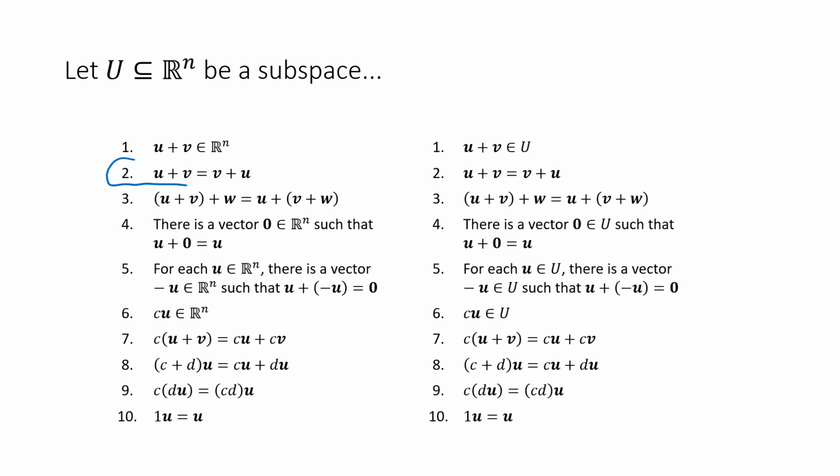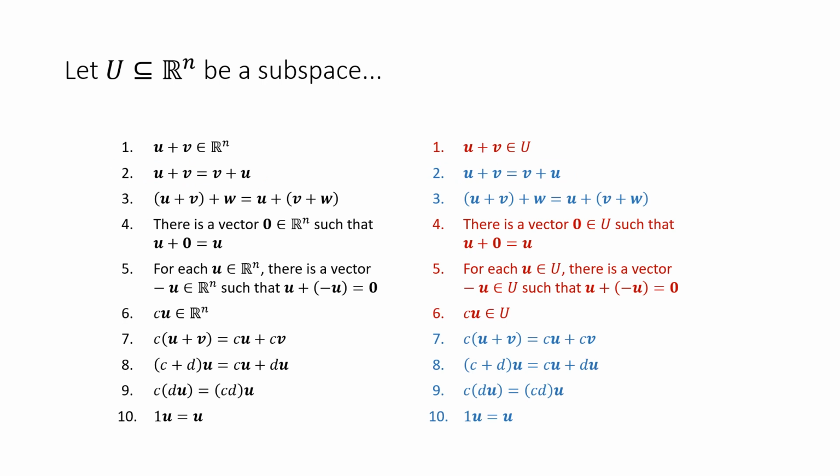If we know that u plus v equals v plus u in all of Rn, then certainly in this subset, it's still going to be true that u plus v equals v plus u. If we throw away some of the vectors in Rn and look at this smaller subset, we're not going to lose the fact that the addition operation is commutative. That's going to be preserved.